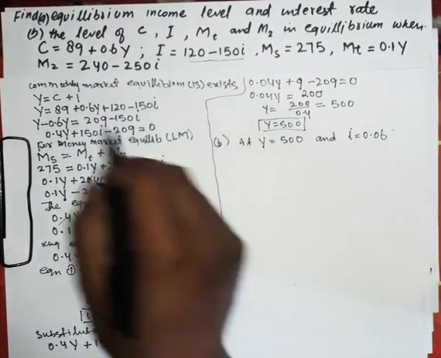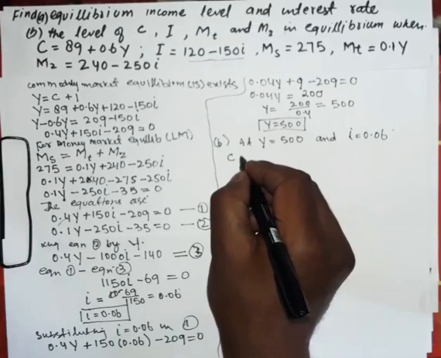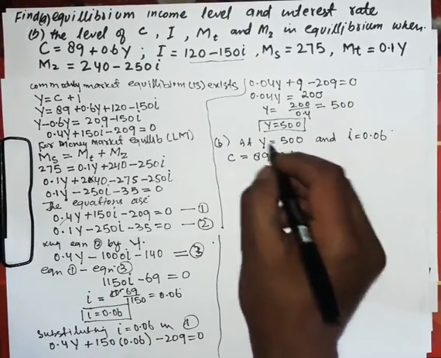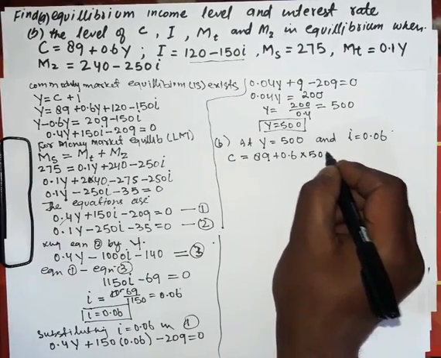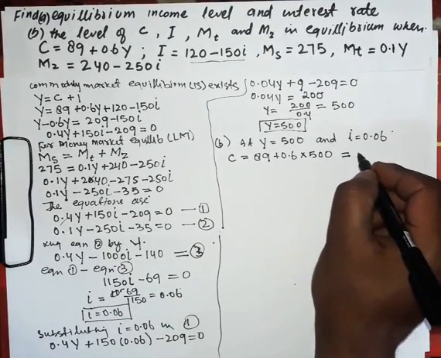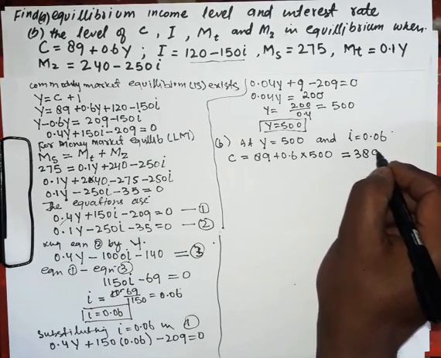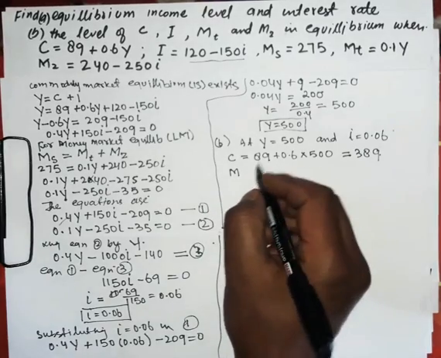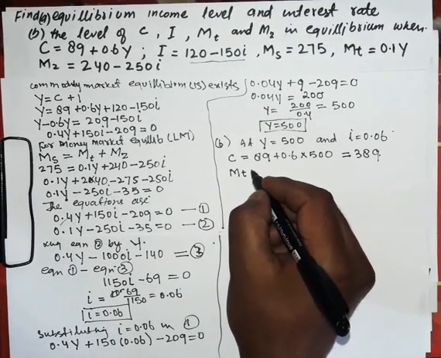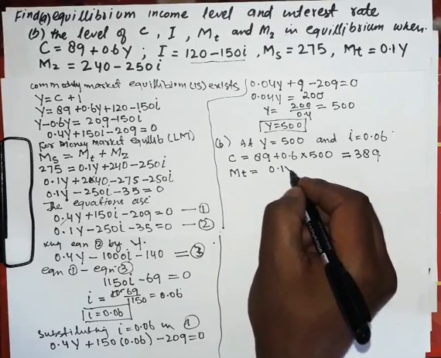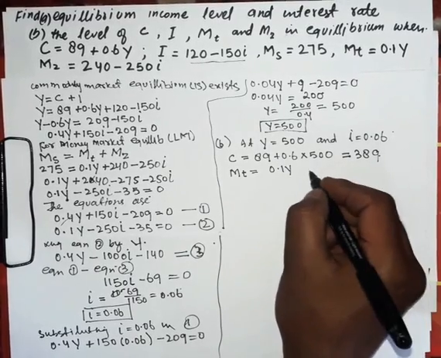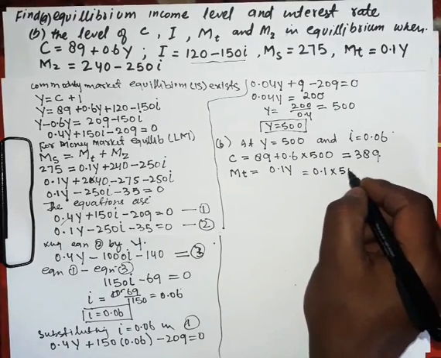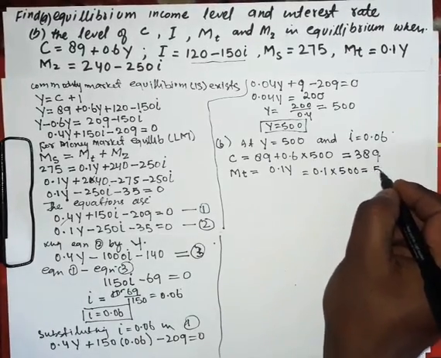First we have C: C is equal to 89 plus 0.6 times Y, that is 500, and solving this will become 389. Also the transactionary plus precautionary demand for money is given as 0.1 times Y, that is 0.1 into 500, which is 50.